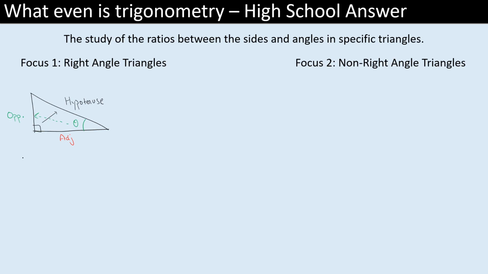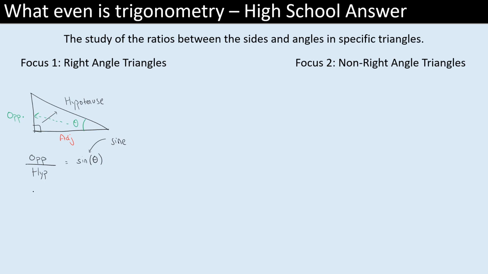And the ratio that links our opposite and our hypotenuse, so opposite divided by hypotenuse, is what we call sine. We call it sine, but it's written S-I-N. It's actually written S-I-N-E, but by convention, I think, we've just dropped the E. So there's one ratio which links the opposite and our hypotenuse.